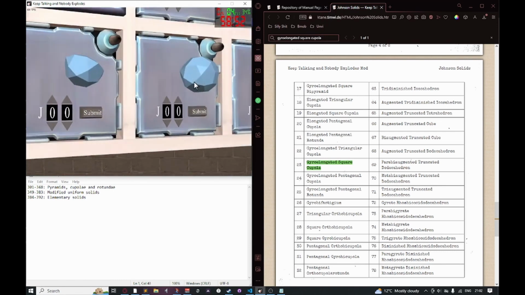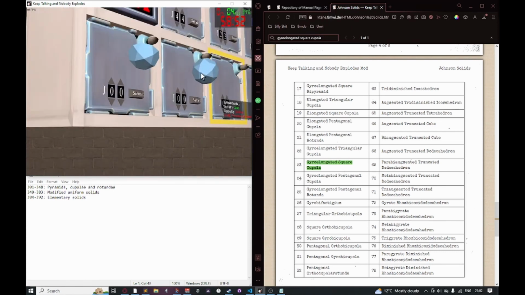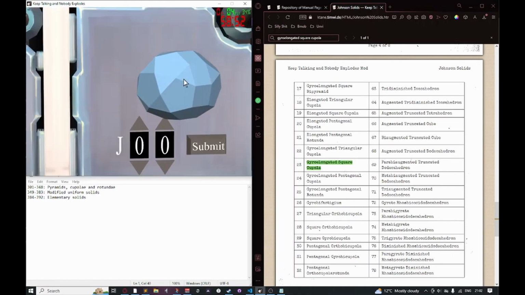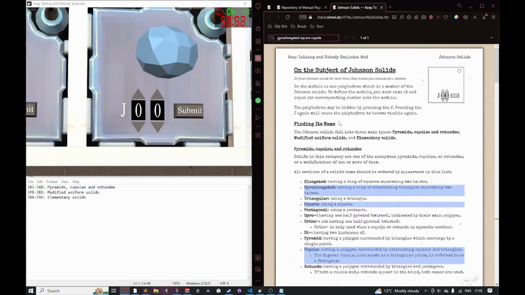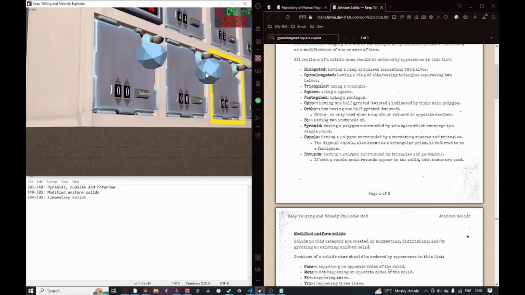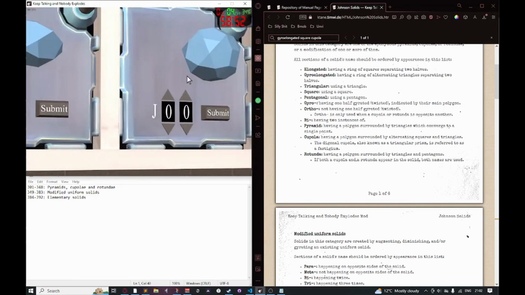So, first of all, we will look from this angle. This is a pentagonal rotunda. Let's see the definition of a rotunda. A rotunda is a polygon surrounded by triangles and pentagons. So we've got here our pentagon, and it's surrounded by triangles and pentagons.